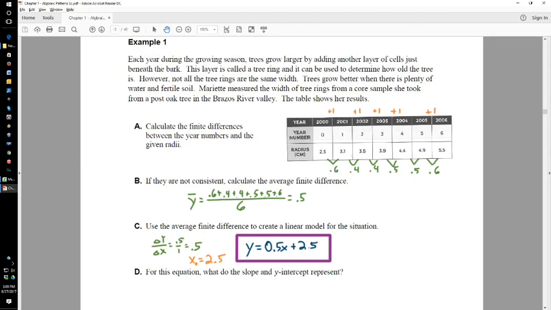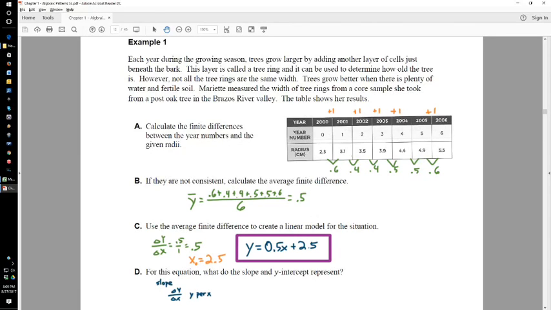For this equation, what do the slope and y-intercept represent? Well, semantically, the slope is change in y divided by change in x. Basically what that means is y, whatever y is, per whatever x is.